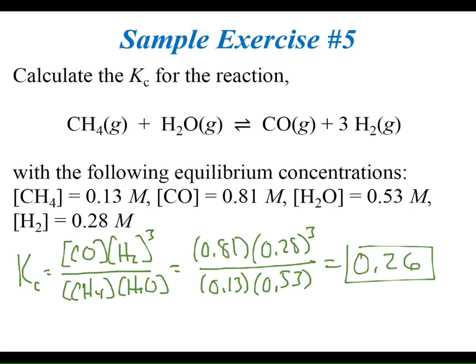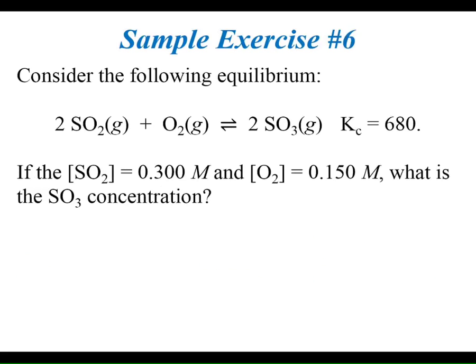Awesome. Okay, try another one. Now they give you the K and two of the concentrations. I want you to find the third concentration. So what's the concentration of sulfur trioxide?